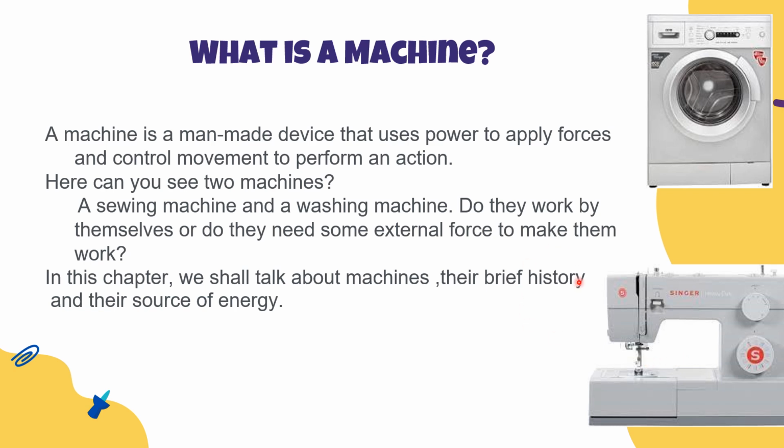Yes, so a machine is nothing but a device which has many parts. Each part does its definite function, and it needs a power or mechanical force to perform an action.